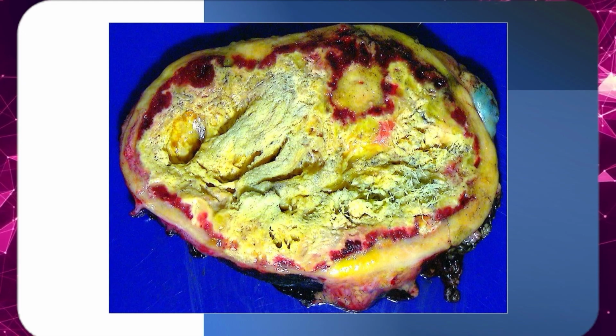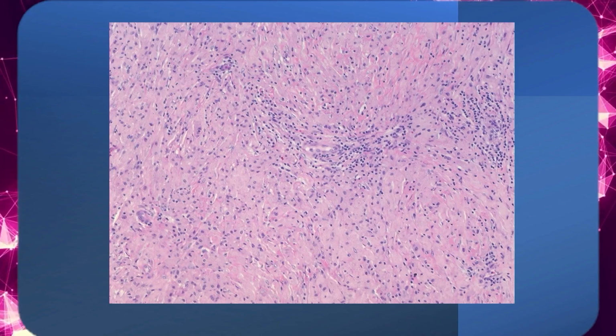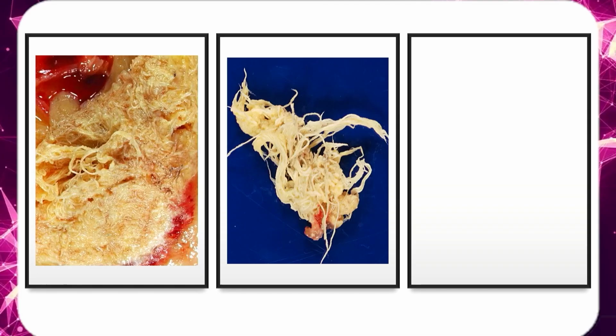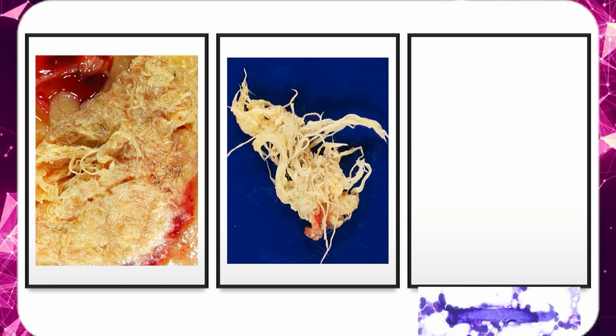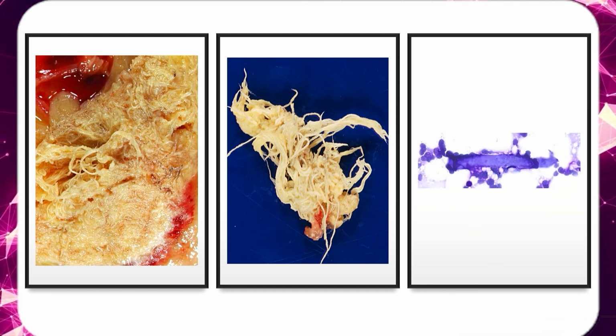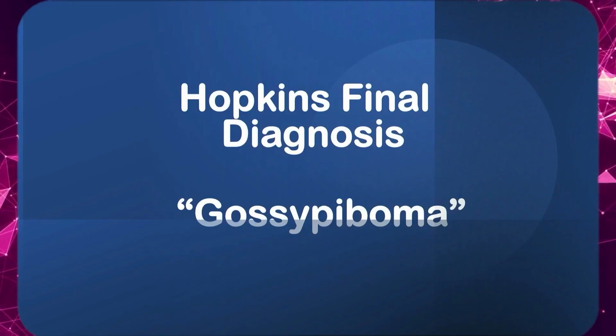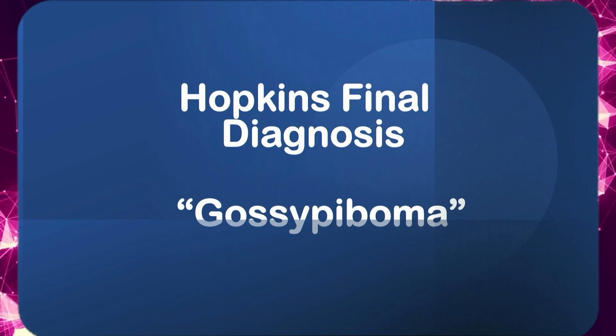Gauze material, which you see here, and that was the histology, and that's the polarization, and those are the multinucleated histiocytes, and that's higher magnification, which shows the polarizable material, which we also saw in one of our slides, but that's gauze. So the final Hopkins diagnosis in this case was gossypiboma.